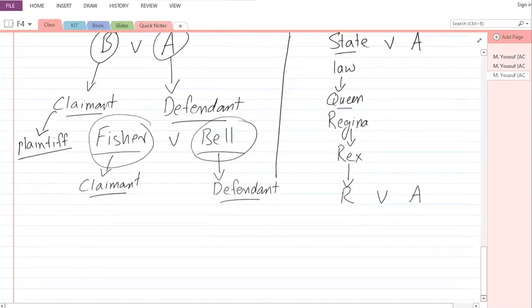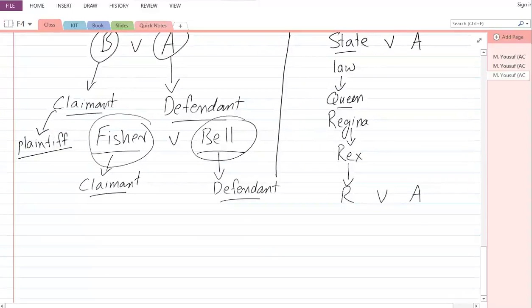This means that if Mr. A's full name is Mr. Arnold and he has committed a crime, the criminal case name will be R versus Arnold. R stands for Queen, and the Queen is the ultimate authority of the state.